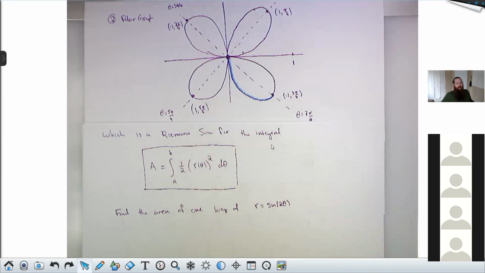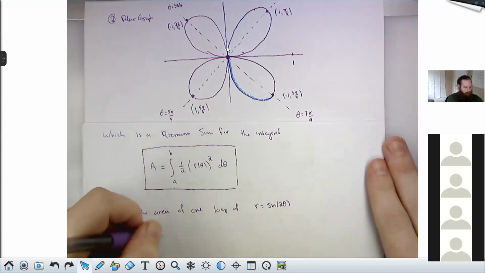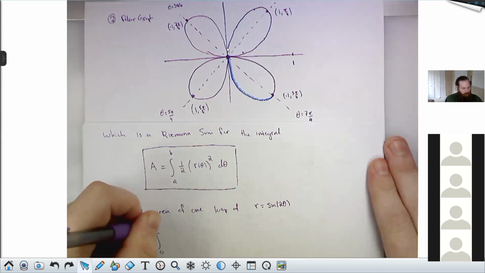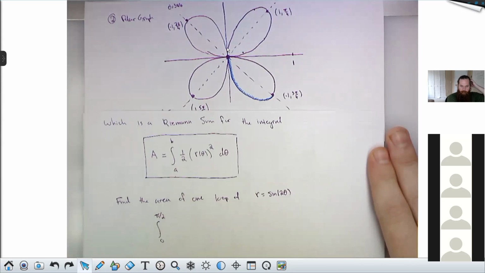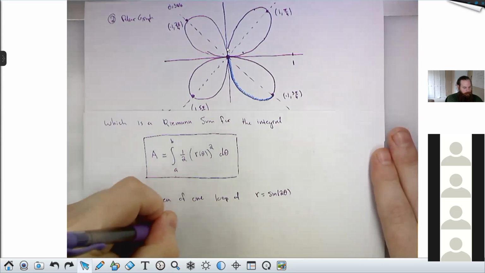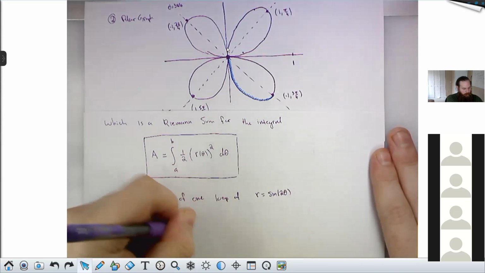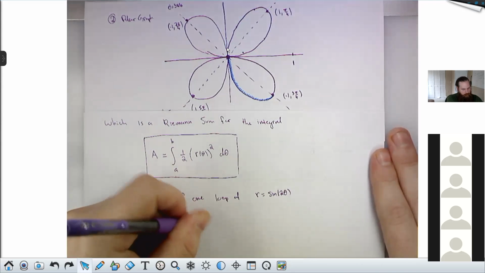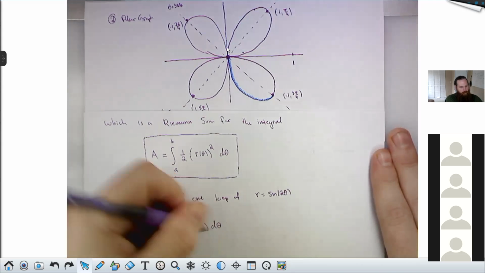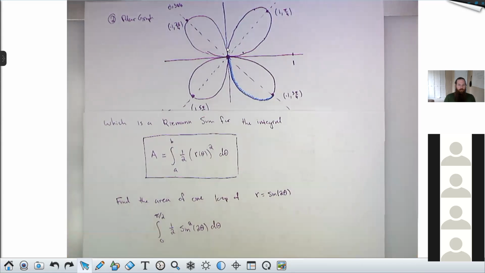I need to figure out what angles correspond to this loop. So this loop started when theta was 0, and it finished at theta equals pi over 2. And then I integrate 1/2 times r of theta all squared, well, that's sine squared 2 theta d theta. And that's all. This is how this is done.